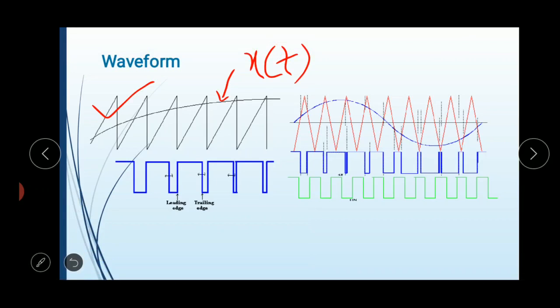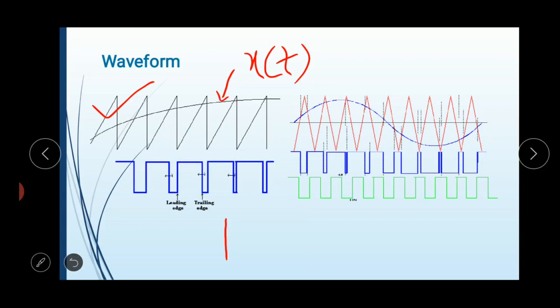Here the leading edge means when the pulse is increasing. You can see the leading edge of the pulse width modulated signal is fixed. Only the trailing edge will be modulated.